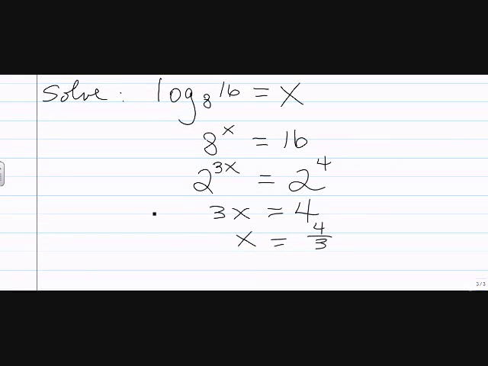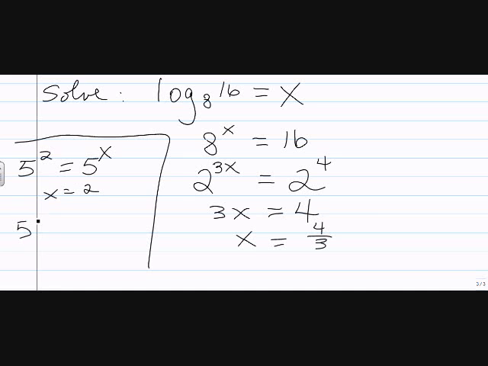Okay, gonna move back. Do we get 2 to the 3x equals 2 to the 4th? Okay. Now, let me give you a little side box here. If I have 5 squared equals 5 to some power, what's that x got to be? 2.